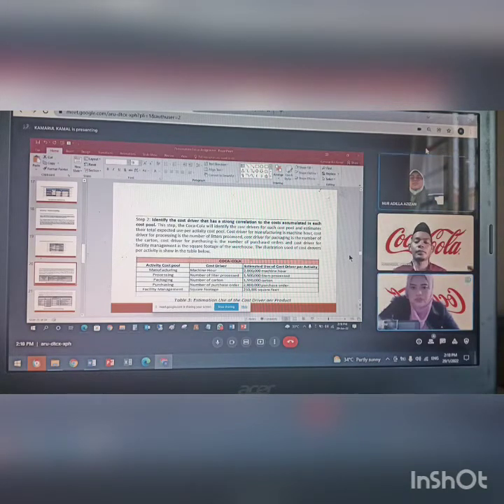Okay, for the activity cost pools, we have 5. Manufacturing: the cost driver is machine hours. Processing: cost driver is number of liters processed. Packaging: number of cartons. Purchasing: the cost driver is number of purchase orders, and facility management: the cost driver is square footage.